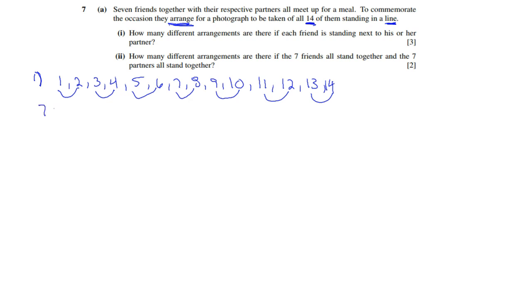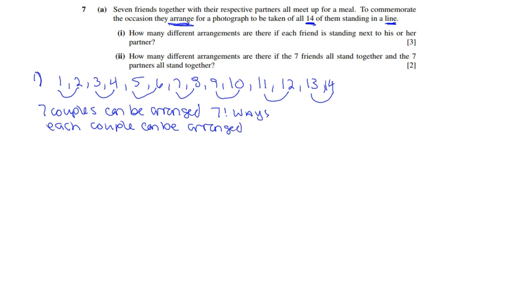Well, we've got 7 partners, 7 couples, so they can be arranged in 7 factorial ways. Now the thing is, each one of these couples can stand in 2 different ways. So we've got to take that into account also. So that's going to be 2 factorial. And again, just to be clear, 13 and 14 could be 13 and 14, or they could be 14 and 13.